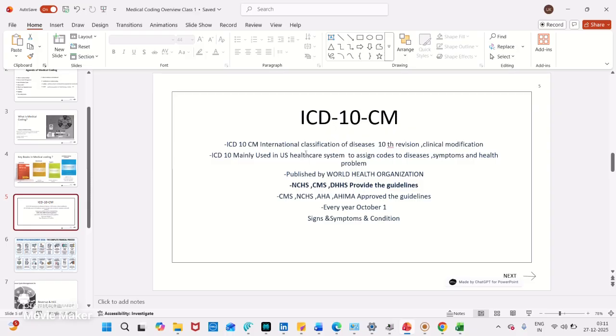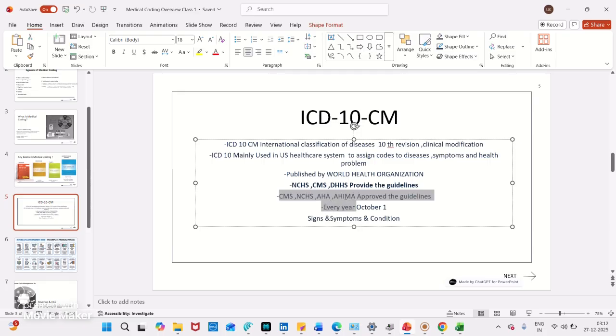These three organizations provide the guidelines, and CMS, NCHS, AHA, and AHIMA approved the guidelines. These four organizations approved the guidelines. Every year on October 1st, the ICD-10-CM is updated.